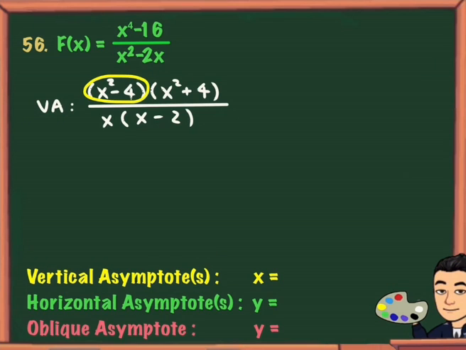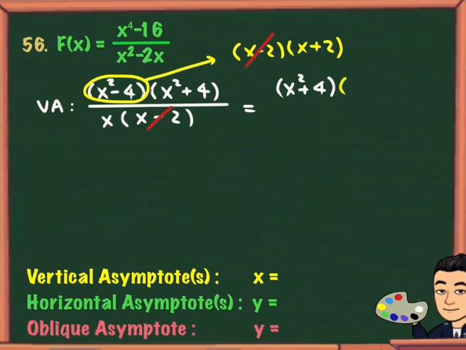This can be factored a little more to x minus 2, x plus 2. Okay, go ahead and cancel the x minus 2. So you can simplify the entire fraction to x squared plus 4, x plus 2 over x. So your vertical asymptote is just going to be 0.